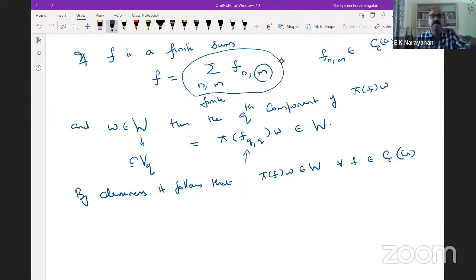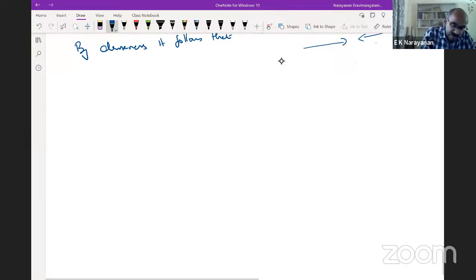But we are getting a smaller subspace where everything is invariant. So this is a contradiction. So that proves that if pi on V is irreducible, then each component V_q is irreducible under the qth component of C_c(G). Okay, so now we can complete the proof.